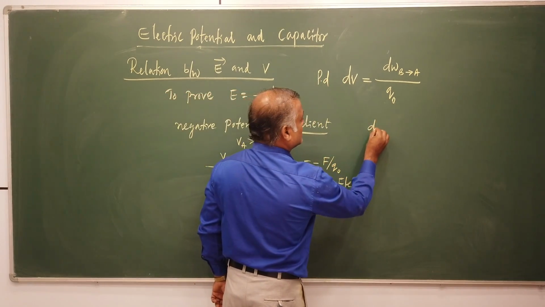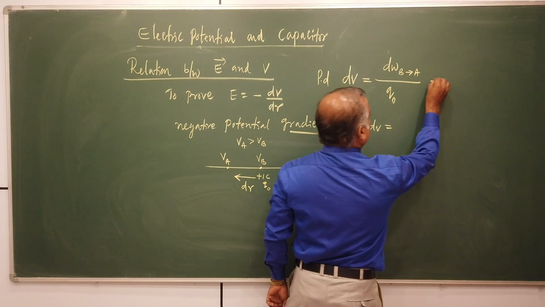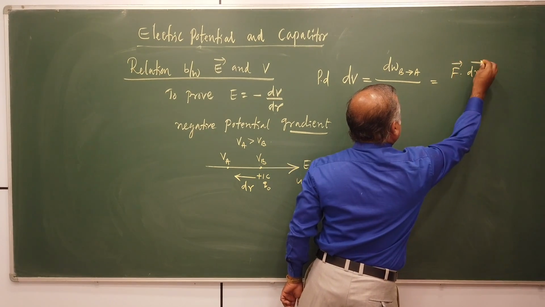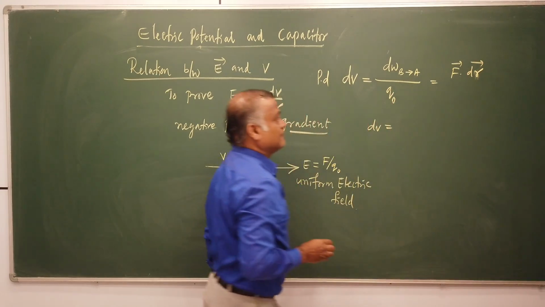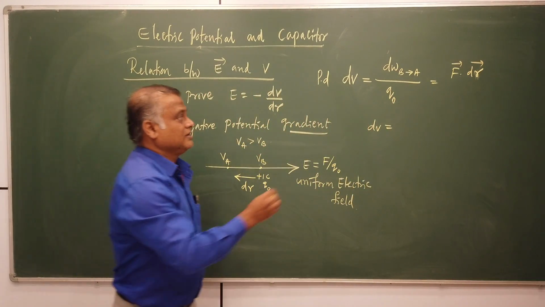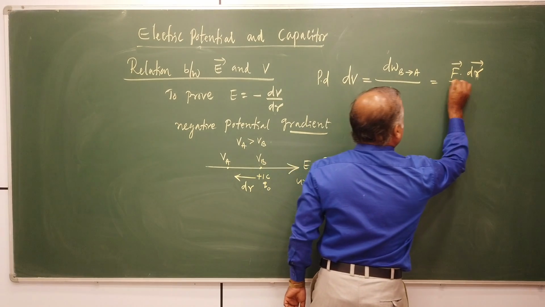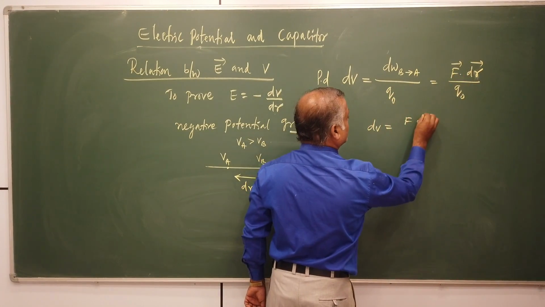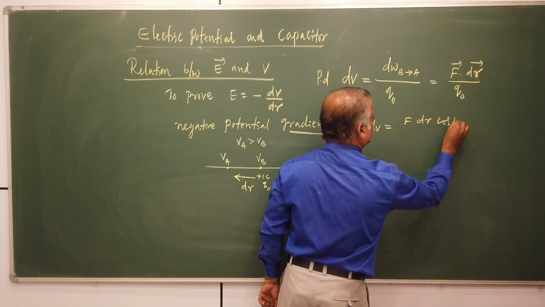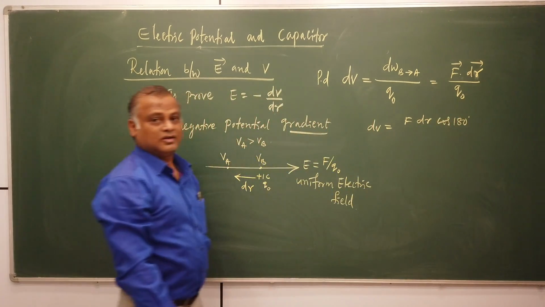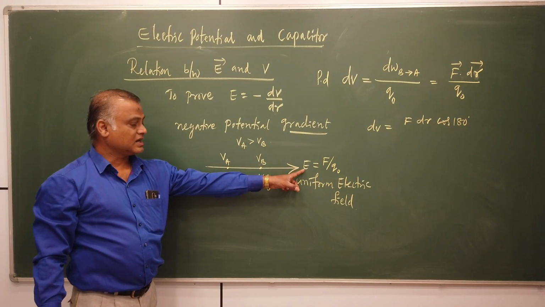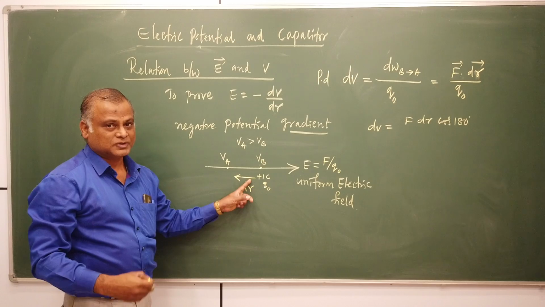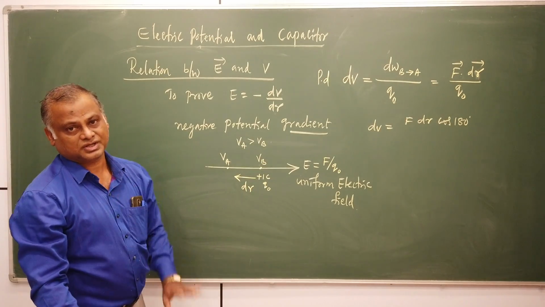Now as we know, this work done is what? Force into displacement. Here it is F dot dr, dot product of two vectors, divided by Q naught. Just expand this, F dr cos, can you tell this? 180. Why 180? Field direction and the displacement are opposite. Suppose if it is in the same direction, take as positive, 0.